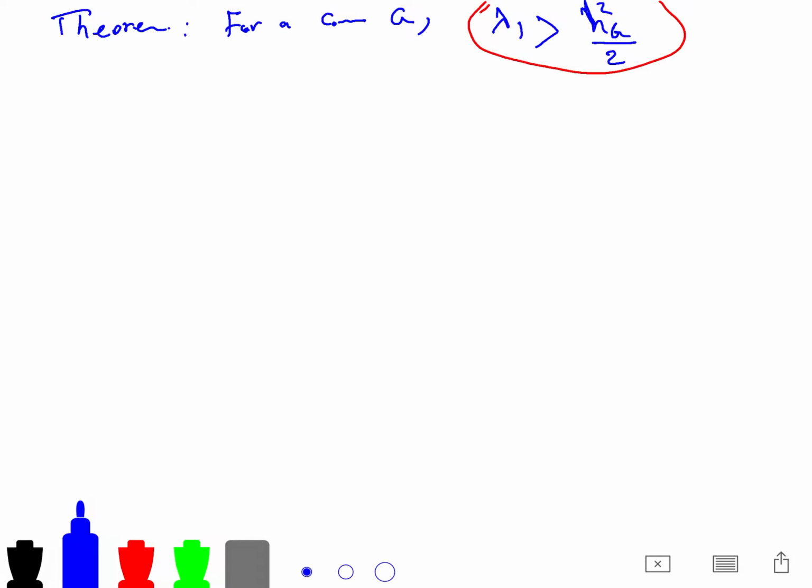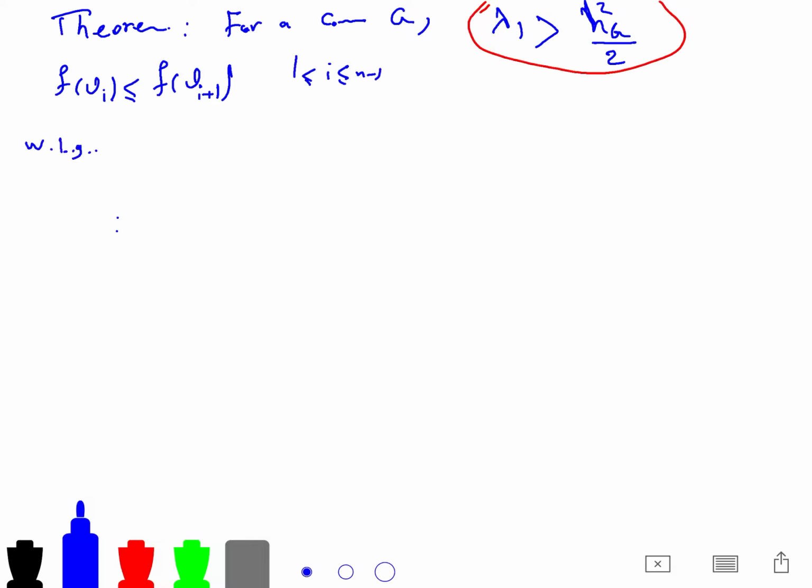To prove this, consider your harmonic function f that has eigenvalue lambda 1, and we order the vertices of G according to f. What I mean is we relabel the vertices such that f of v_i is less than f of v_{i+1} for i between 1 and n minus 1.